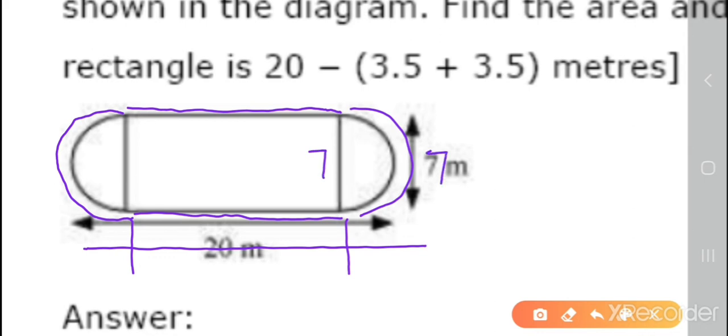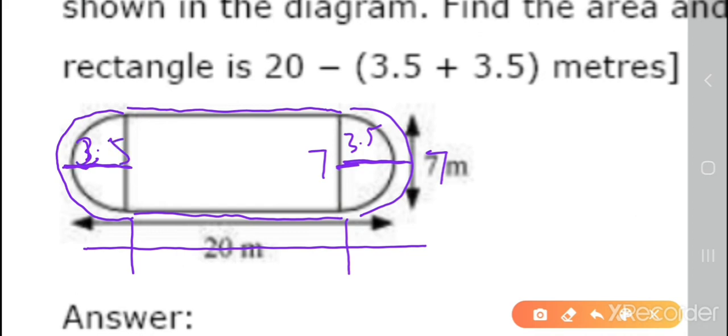Yes, here it is 7 means inside also it will be 7. As it is a semicircle, here will come our radius. So this will be 3.5 and this side also 3.5. It is a radius 3.5. Same way here also the radius will come as 3.5.